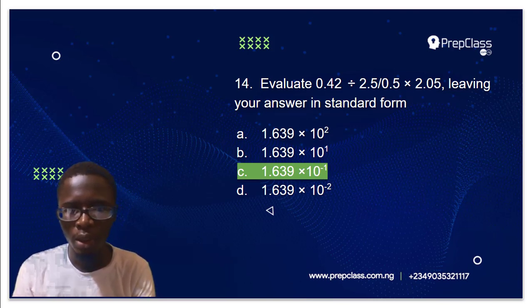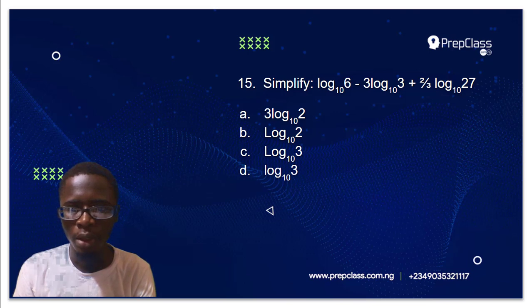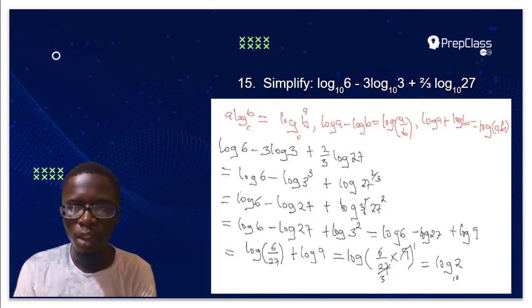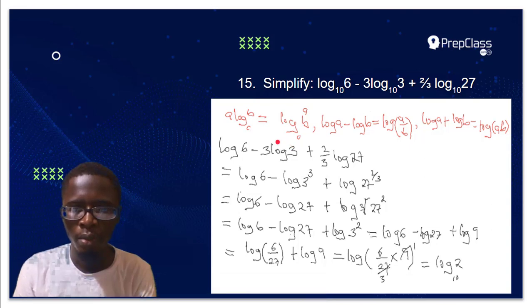Going to the last question in this video, and here we are. Simplify log 6 to base 10 minus 3 log 3 to base 10 plus 2 over 3 log 27 to base 10. So we just need to employ three theories of logarithm. Whenever you have a coefficient multiplying a log, you can use the coefficient to raise the log to a power.